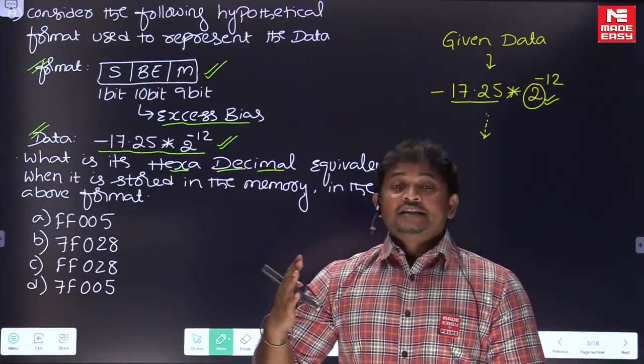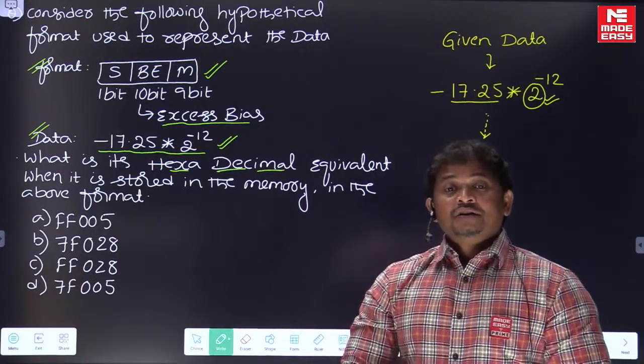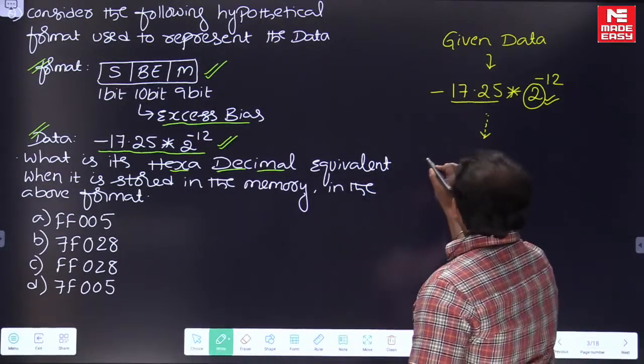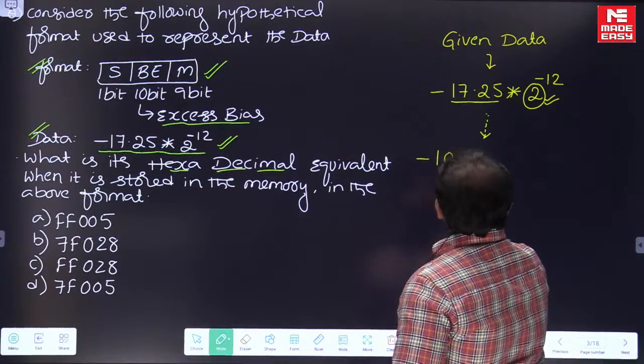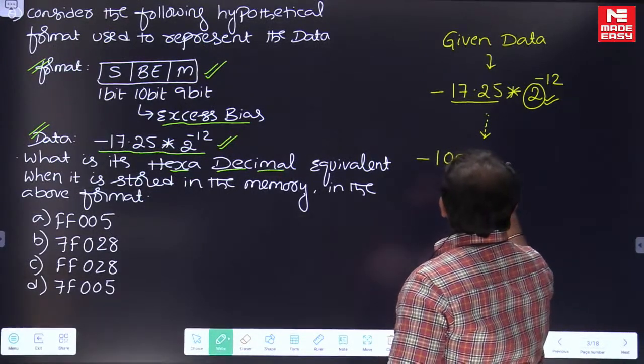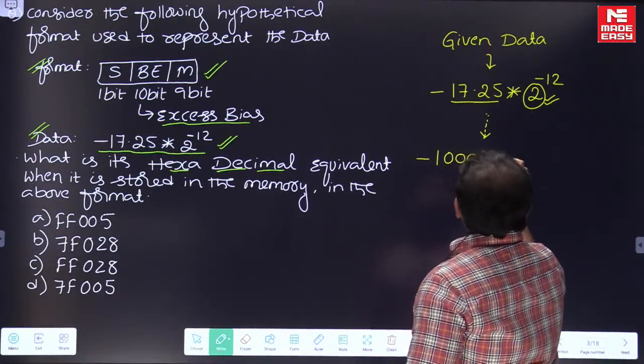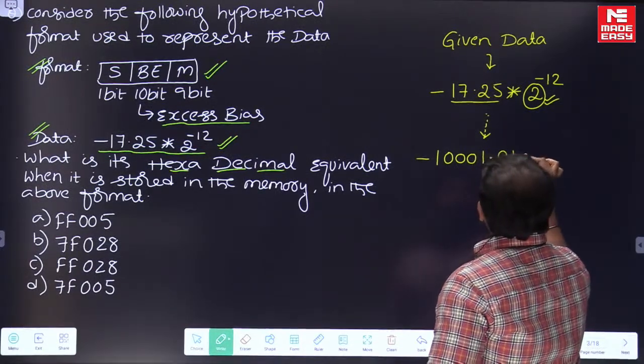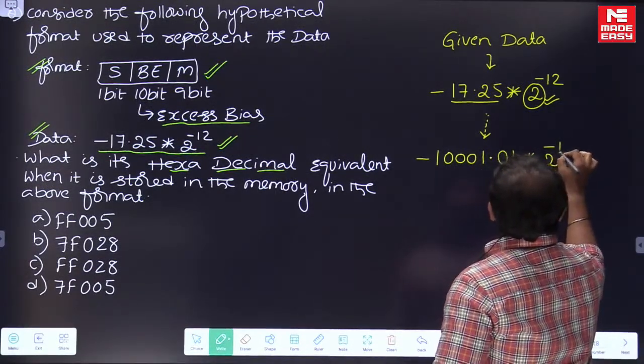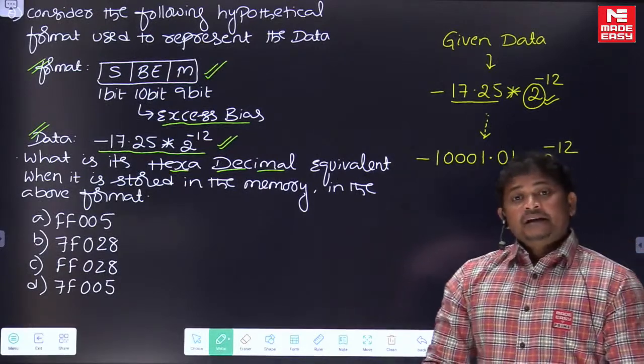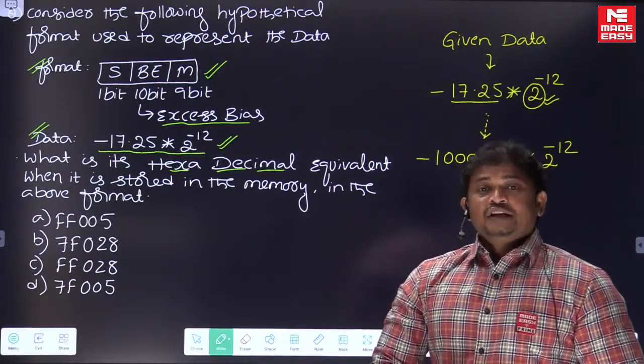So convert that decimal part into binary. That is minus 10001.01 into 2 to the power of minus 12. This is the binary equivalent of the given data.